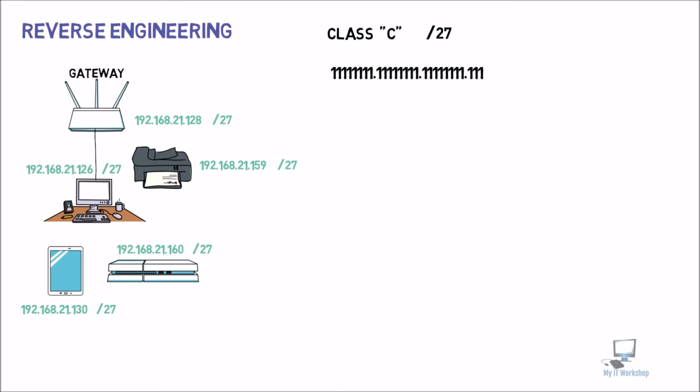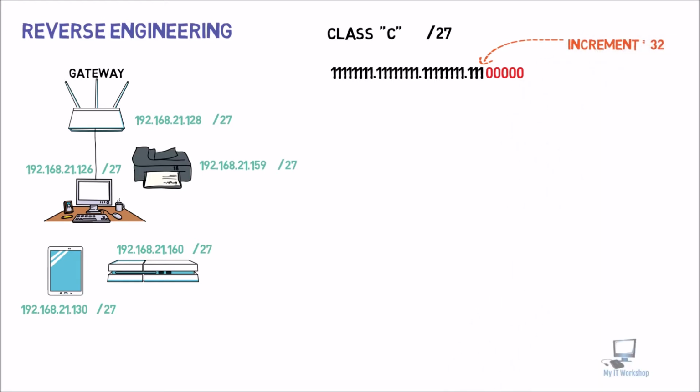Okay, so we have 27 bits and the rest is going to be zeros. If you remember, this is the second step in our 3 steps procedure, whether it's for network or host. And as always, we can find our increment since we have our network mask. And the increment in this case is going to be 32, right?